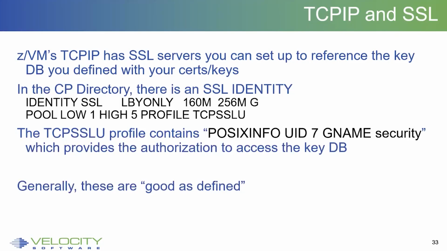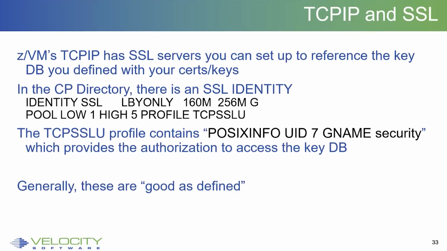In the CP directory is an entry called identity SSL. That SSL entry is a pool of user IDs that are used to manage secure connections through TCP/IP.